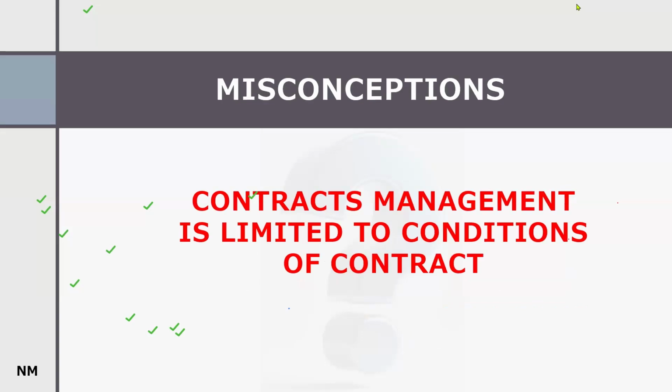It is not. I hope you got that idea. Throughout the session, I tried to explain there are so many elements within the contract other than the conditions of contract. The conditions of contract is only one element, but there are so many. All elements include obligations and duties, so we have to manage all these elements as well.